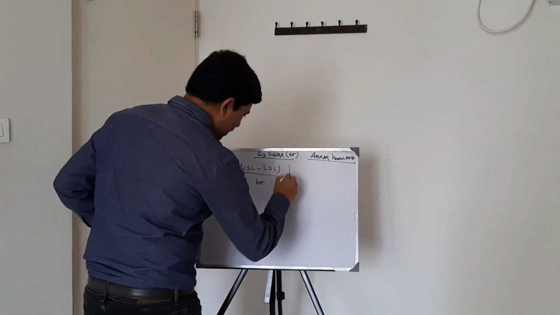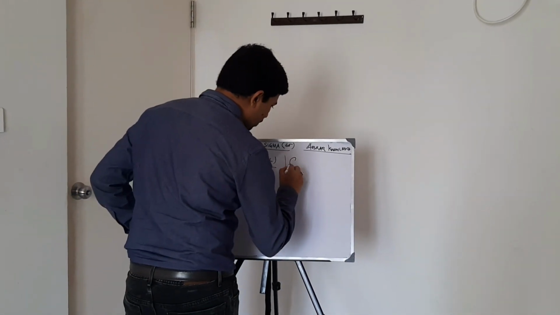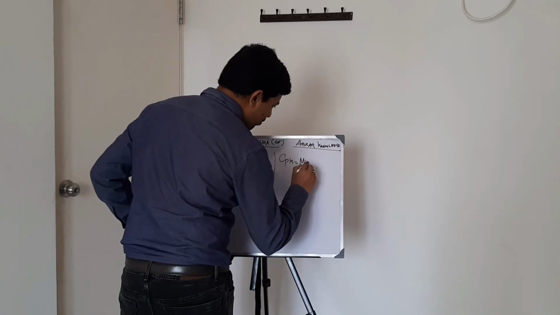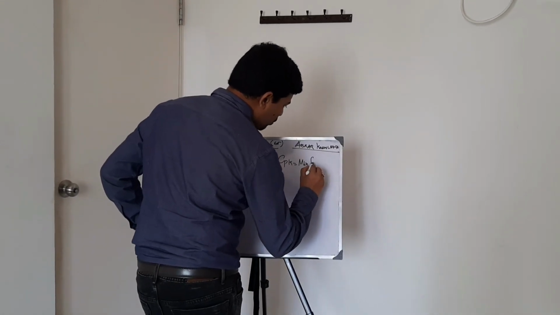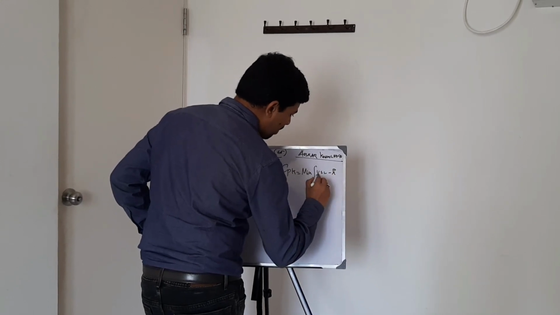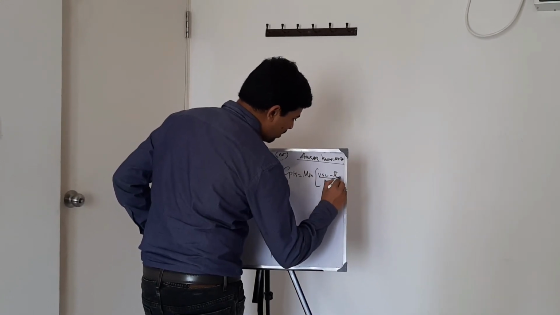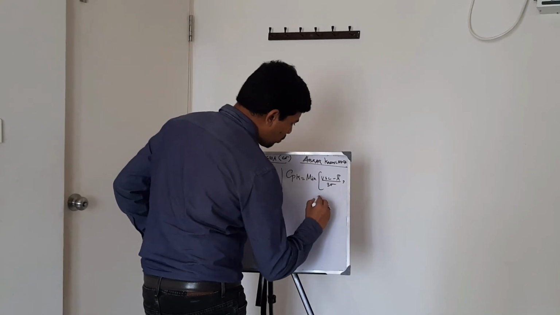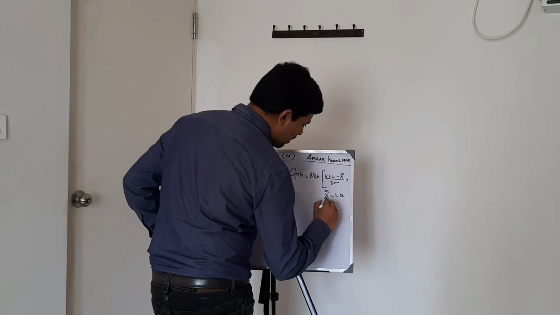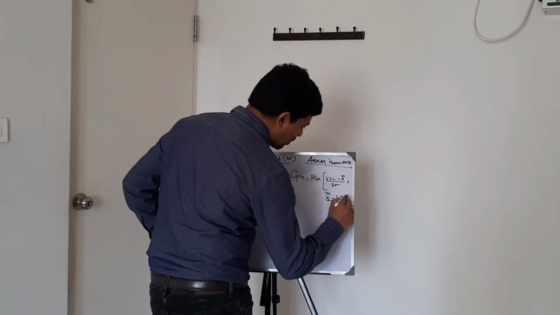Whereas CPK is the minimum of USL minus X double bar divided by 3 sigma, or X double bar minus LSL divided by 3 sigma.